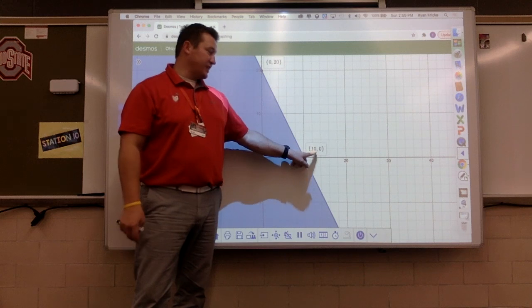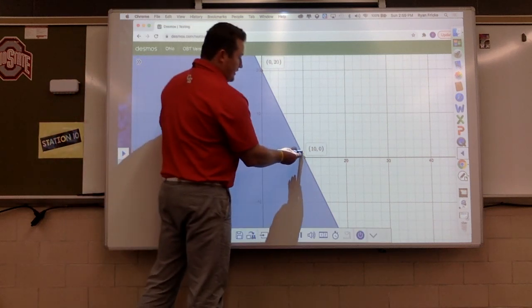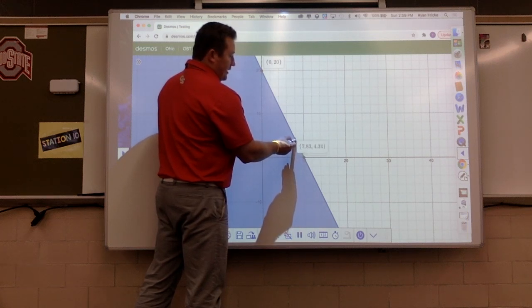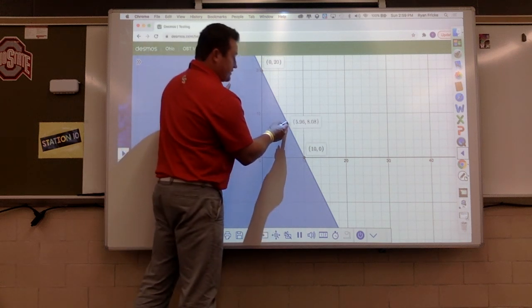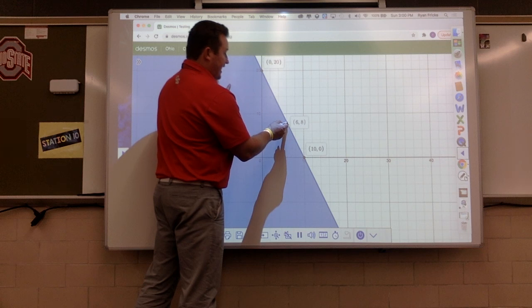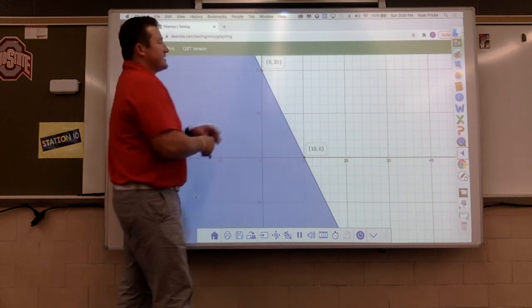If I buy 10 chicken sandwiches, I can't buy any tuna sandwiches. And then all of these other combinations work. Like 8 and 4. That works. What's this one? 6 and 8. 4 and 12, 2 and 16.